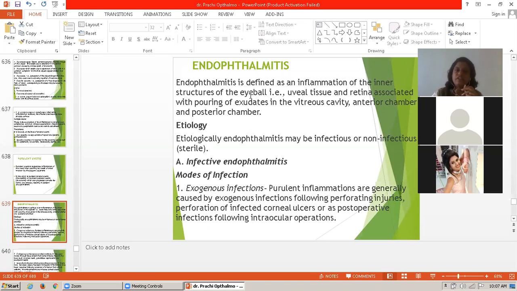Endophthalmitis is defined as an inflammation of the inner structure of the eye.